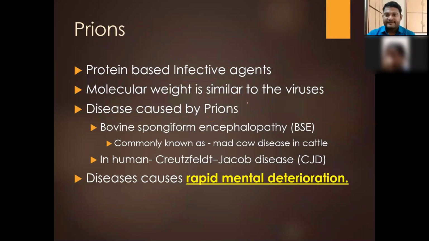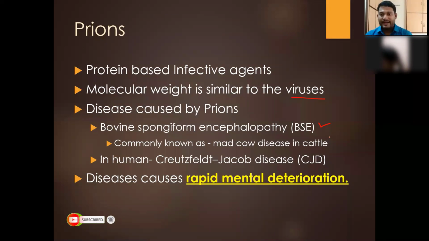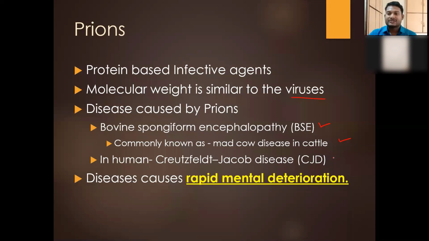So as you have seen, these are also going to have molecular weight similar to the other viruses. An example is BSE, or bovine spongiform encephalopathy, commonly known as mad cow disease in cattle, and the similar disease in humans caused by the same prions is called CJD, or Creutzfeldt-Jakob disease.